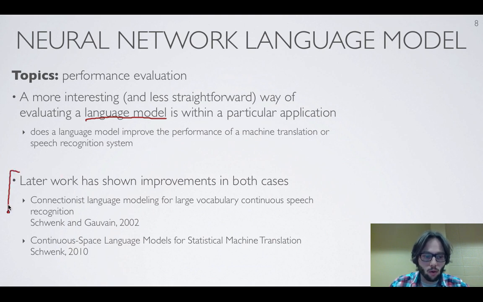The initial work on neural network language modeling was in 2003, but much later, it's been shown that you can get really good performance with a neural network language model that you incorporate into some standard model that does either speech recognition, as in this paper, or statistical machine translation, as in this paper. So I encourage you to look at these references if you want to see examples of the gains you can get from using a neural network language model in some given NLP system.